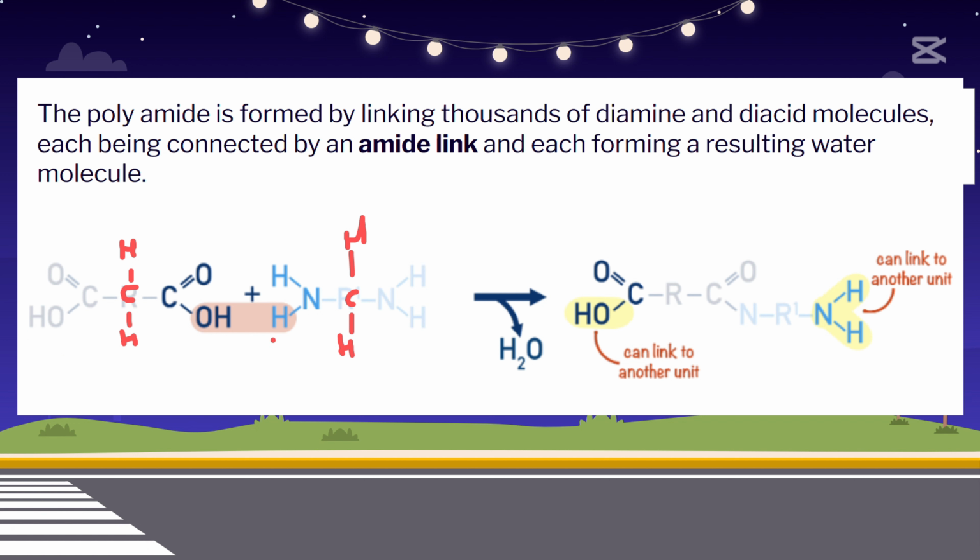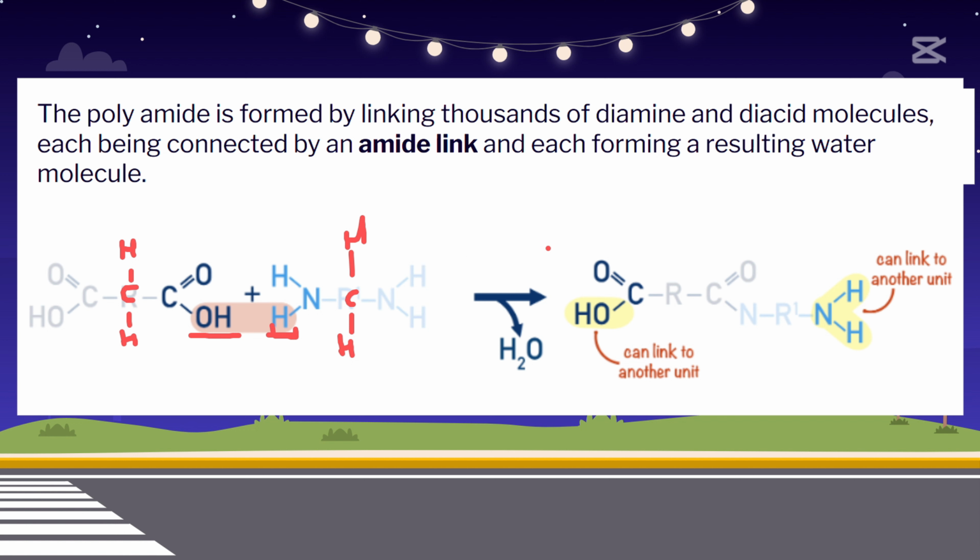We're going to form our amide linkage here between the OH of the carboxylic acid. Remember that this is a reactive part of the carboxylic acid, and then from the amine we take off our hydrogen to make water. So we're condensing, we're making water. That's what's going to happen here. So between our diamine and diacid, we make one molecule of water.